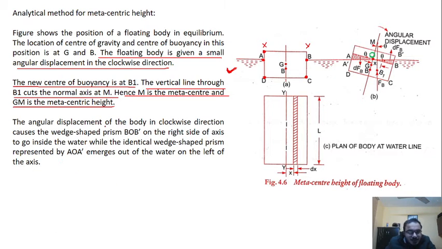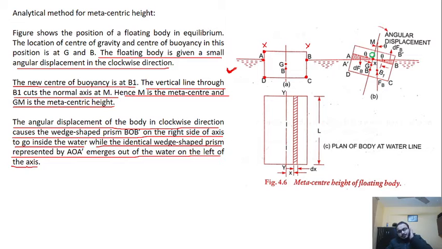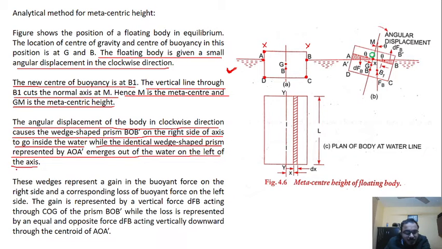So here the angular displacement of the body in clockwise direction causes a wedge shaped prism BOB prime on the right side of the axis to go inside the water, while the identical wedge shaped prism represented by AOA prime emerges out of the water on the left hand side of the axis. Now these wedges represent a gain in buoyant force on the right hand side.